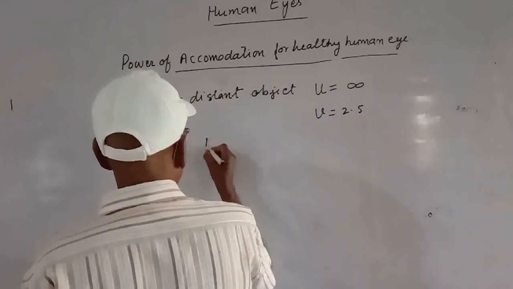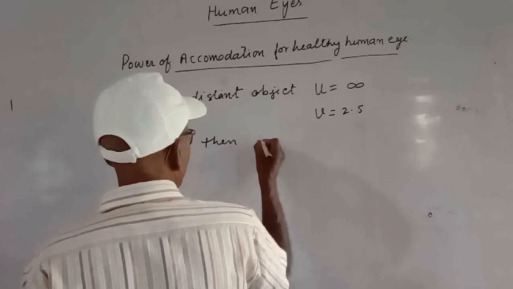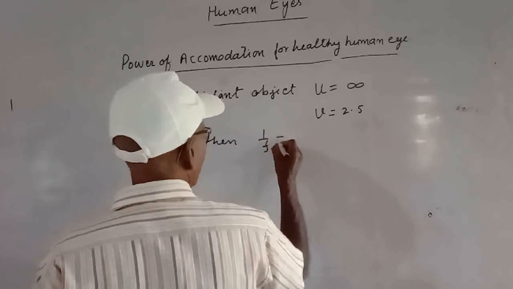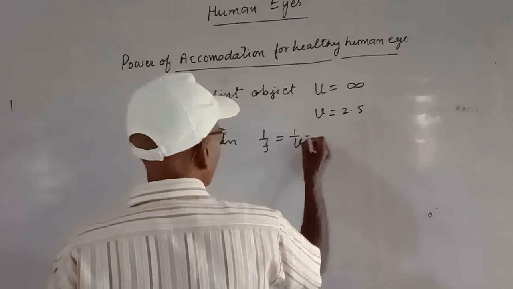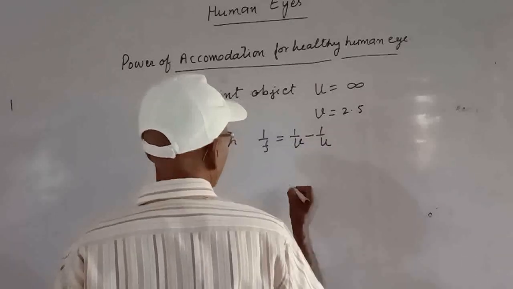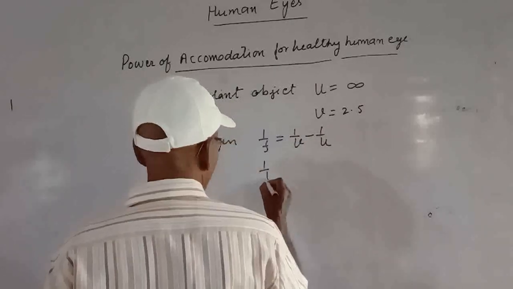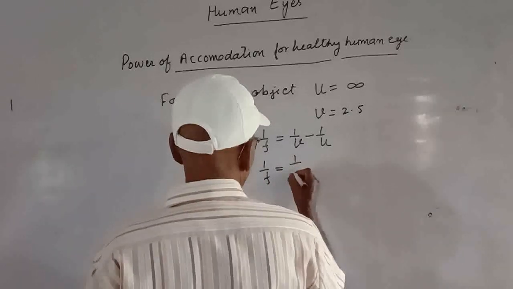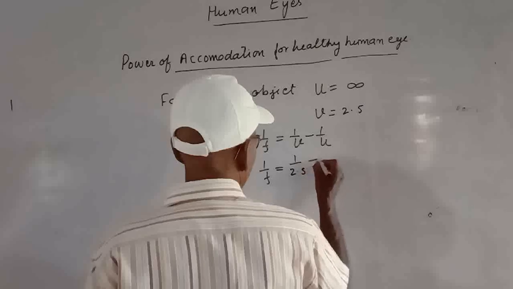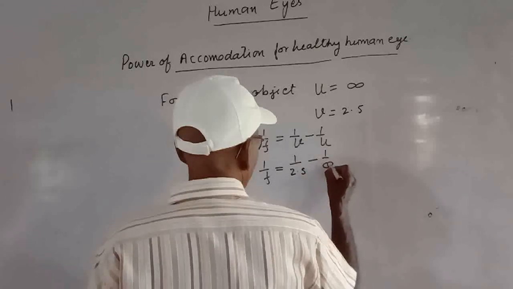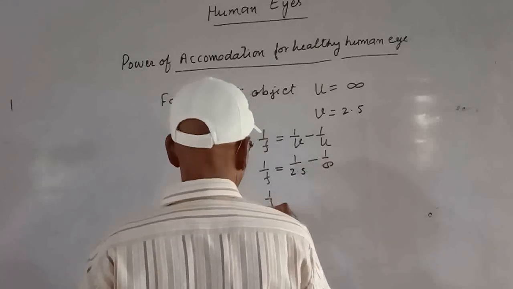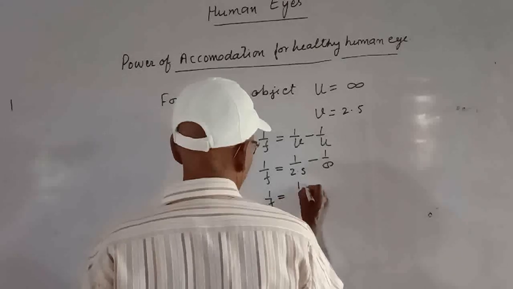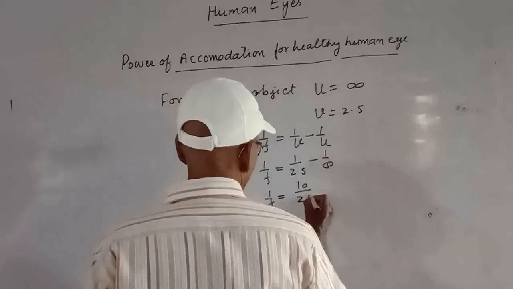Then 1 by F is equal to 1 by V minus 1 upon U. That is 1 upon F is equal to 1 upon 2.5 minus 1 upon infinity. 1 upon F is equal to 10 upon 25.